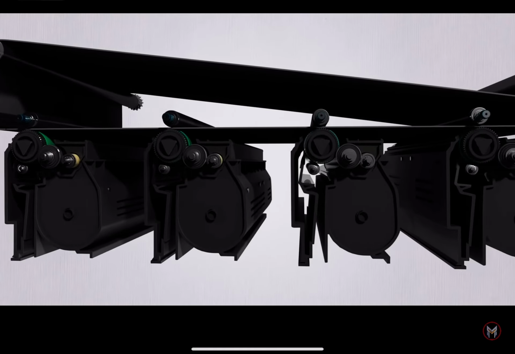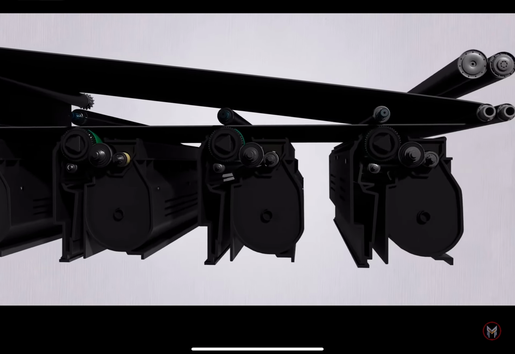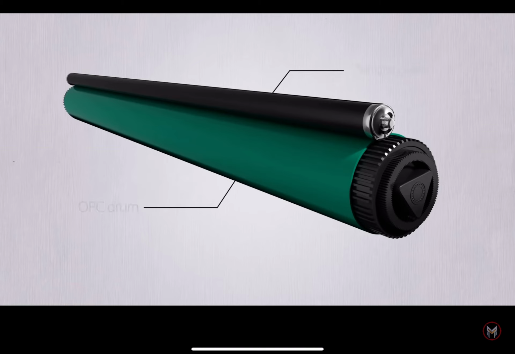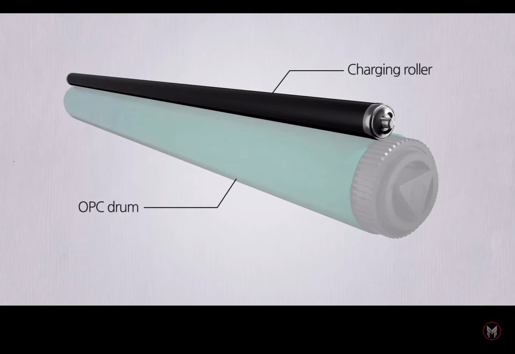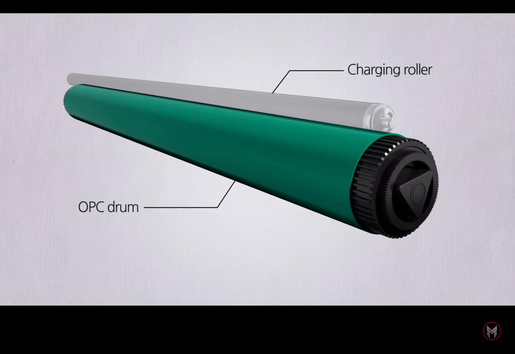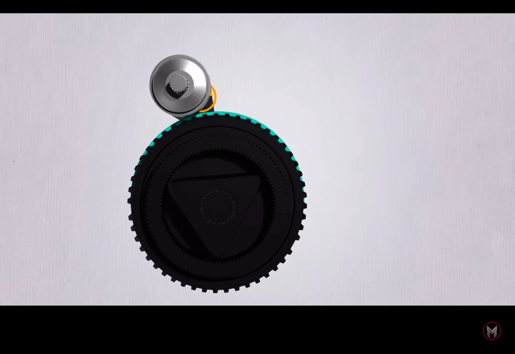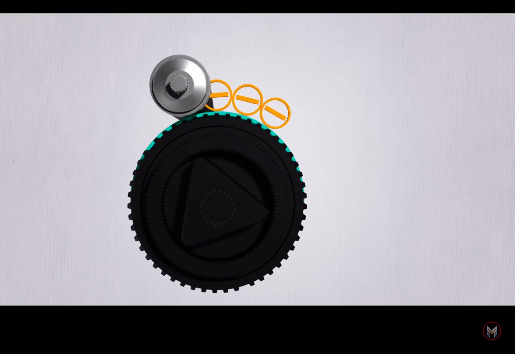Let's find out the overall process roughly. Here are two rollers. One is a charging roller and the other an OPC drum. The charging roller applies a negative charge on the OPC drum, and the drum delivers small particles called toner on a paper. First, the charging roller applies a negative charge on the OPC drum surface.